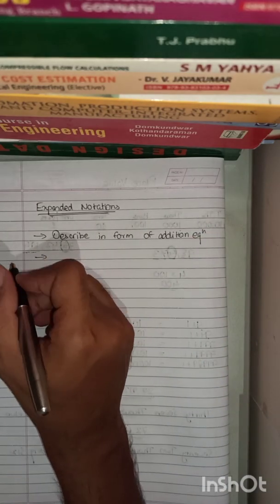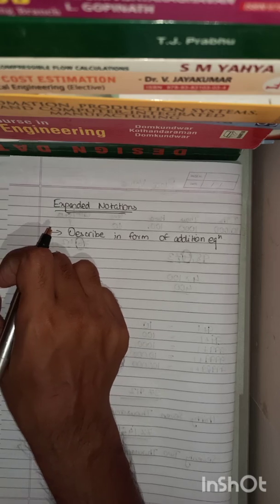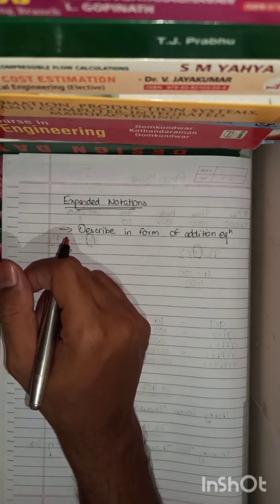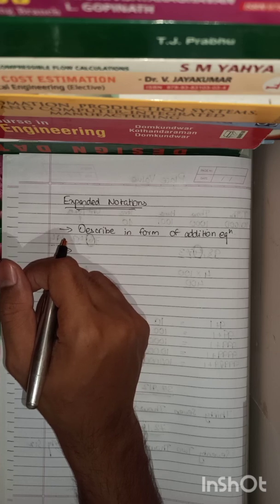And the second condition is, whatever numbers you are using to describe this equation, those numbers should only and only be the numbers consisting of place values of individual digits used in that number.